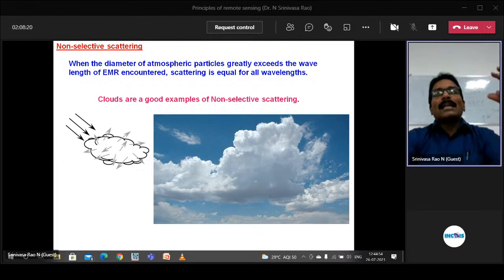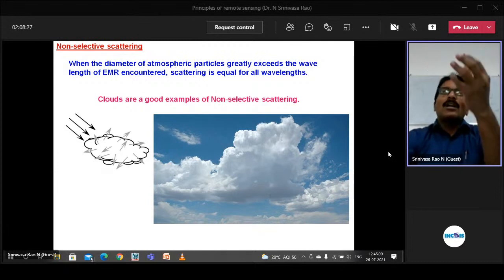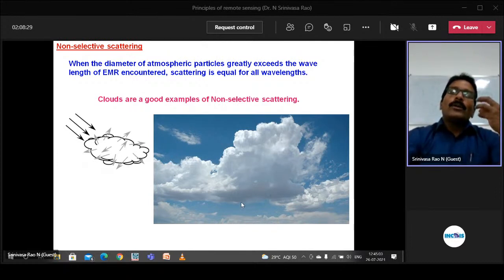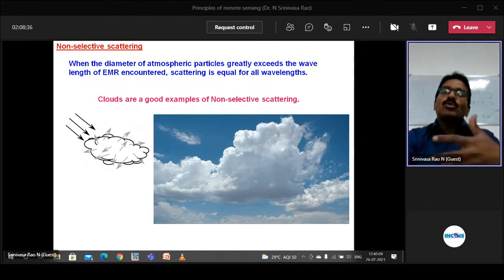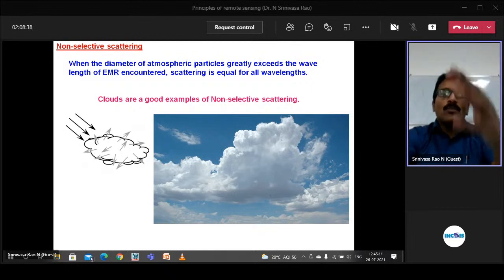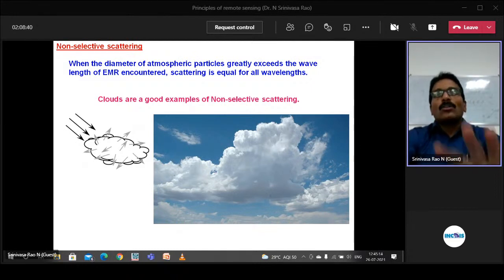Water is transparent, so whatever light falls on it transmits in another direction. It is not reaching our eye, it goes in another direction. Wherever transmission takes place, the clouds look dark, just before rain. That's all for non-selective scattering.